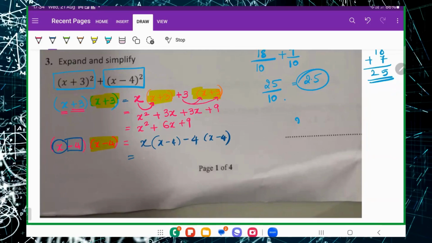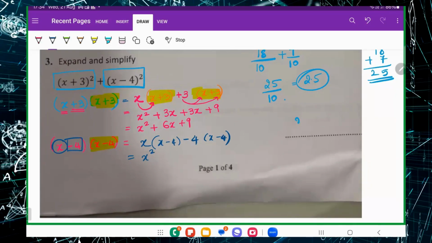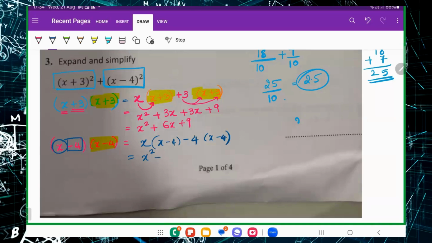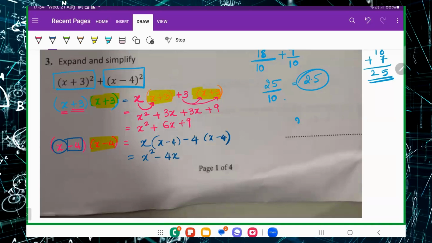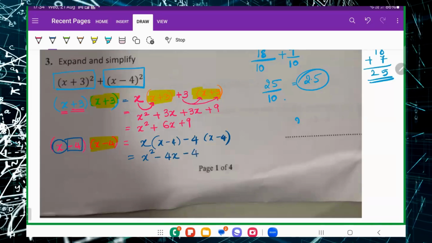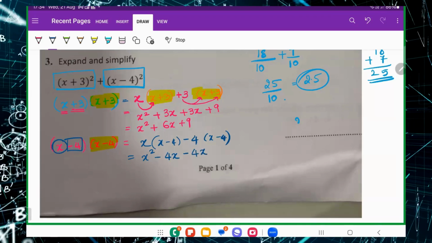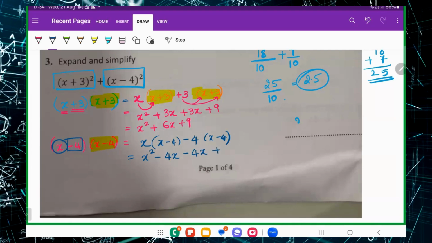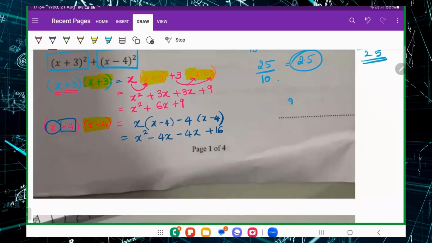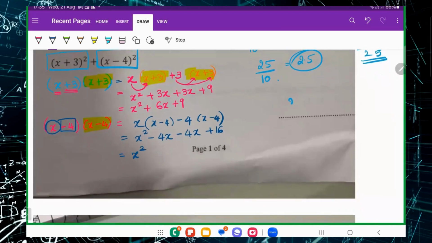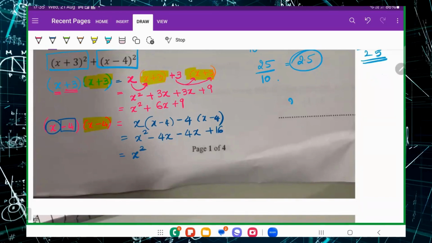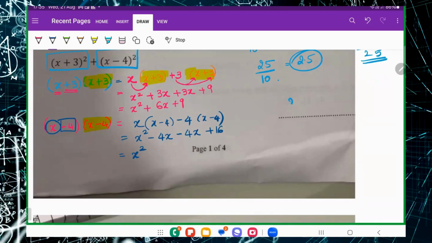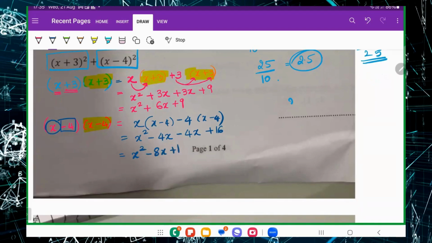Now, x into x will give you x square. x into minus 4 will give you minus 4x. Minus 4 into x will give you minus 4x. Minus 4 into minus 4 will give you a positive 16, which is x square, and minus 4x minus 4x will give you minus 8x plus 16.